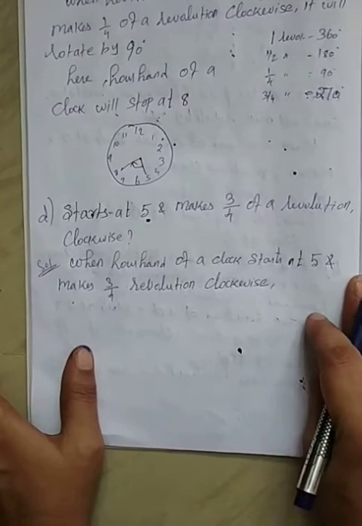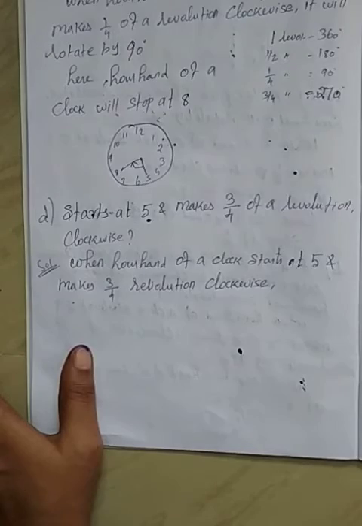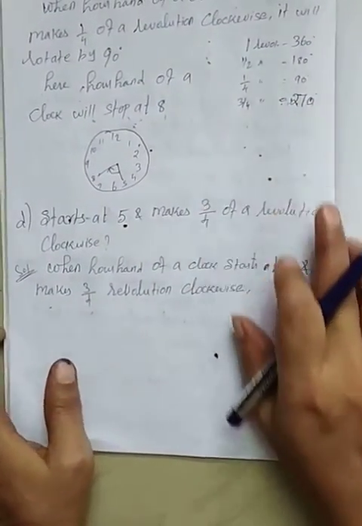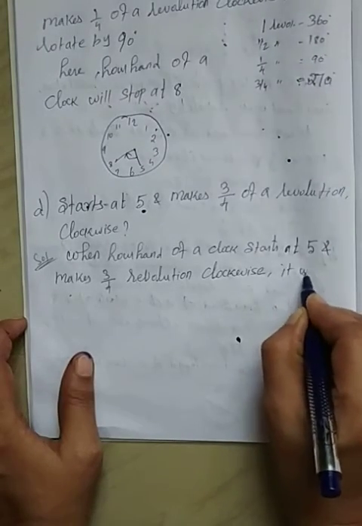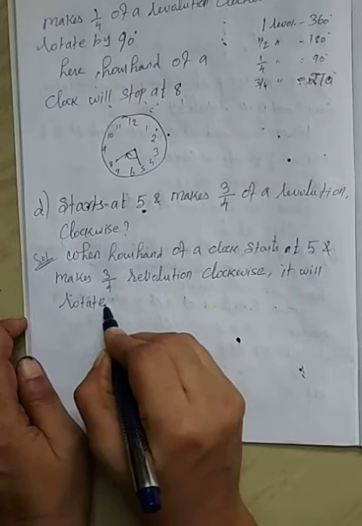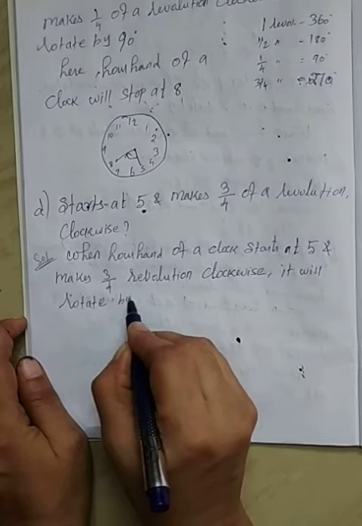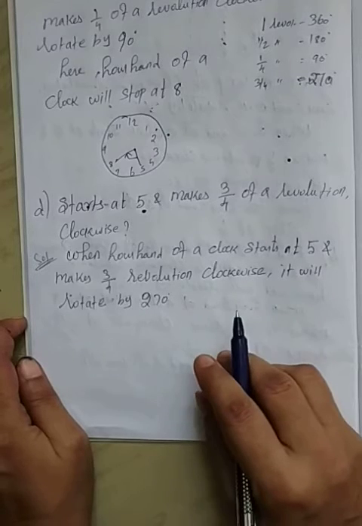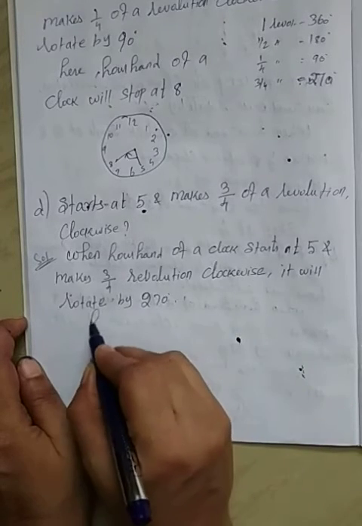See, it will rotate by 3 by 4, what is that? 3 by 4 means 270 degree. So you have to write it will rotate by 270 degree. Okay, 270 degree.